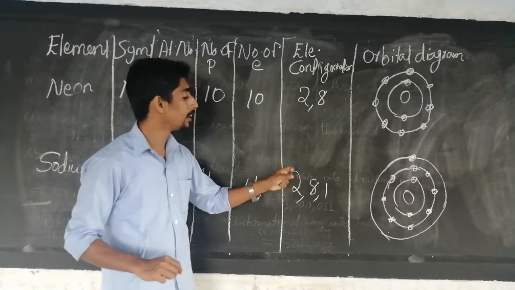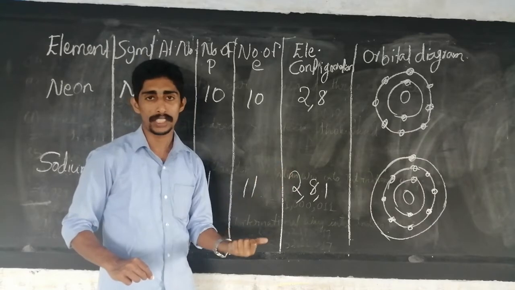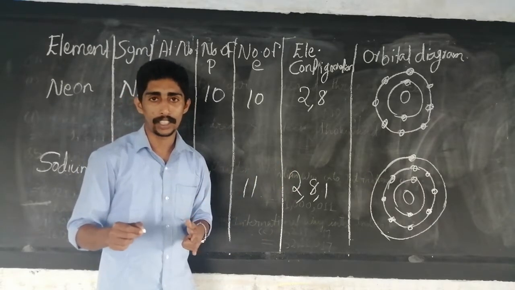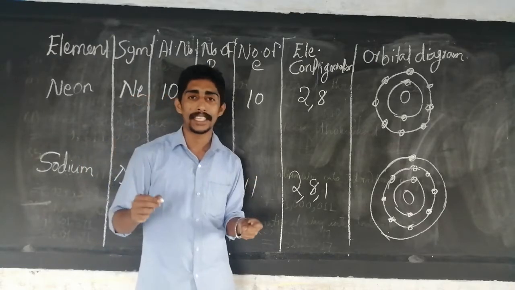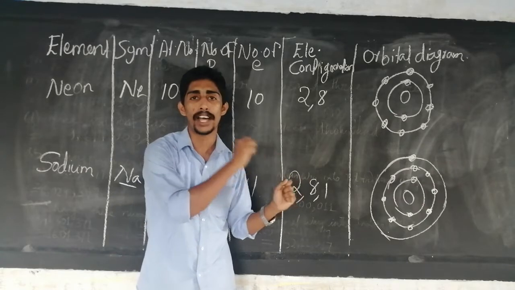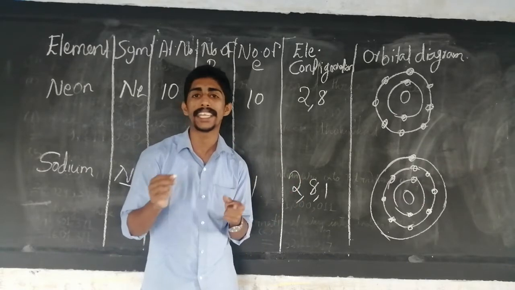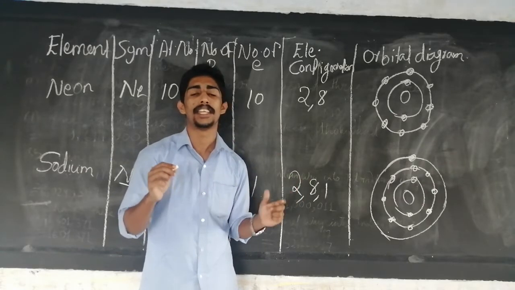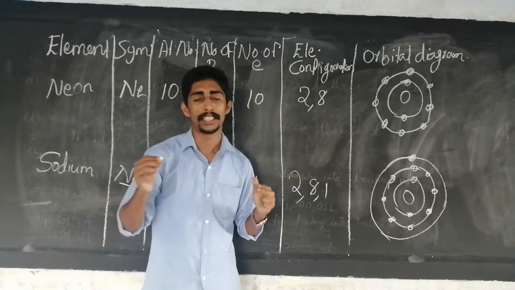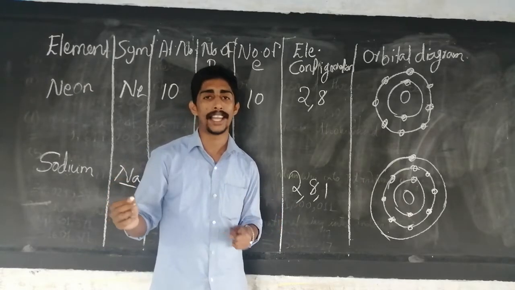So total 11 electrons are there. Among those, 2 electrons go to the first shell. So how many electrons are remaining? 9 electrons. Among those 9 electrons, 8 electrons will go to the second shell, means the L shell. Then if 8 electrons go, how many electrons are remaining? Yeah, 9 minus 8, 1 electron.